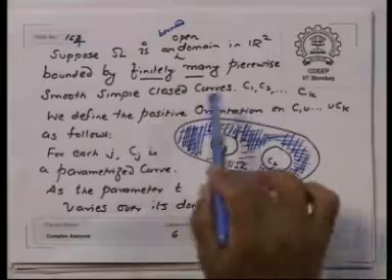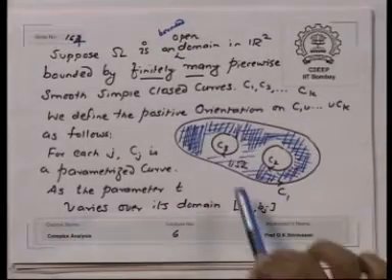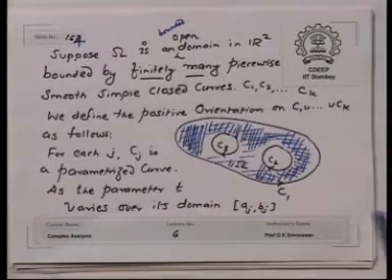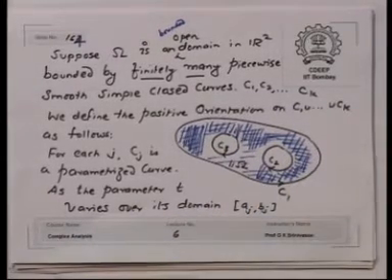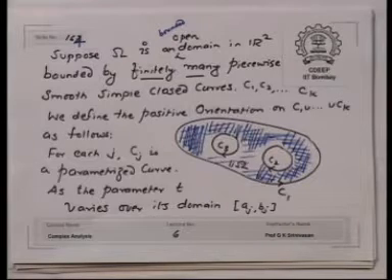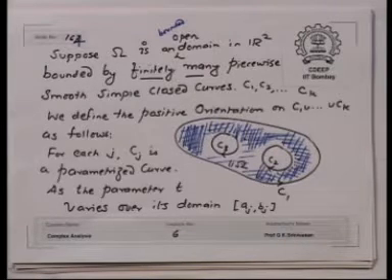Take the jth piece, take C2 for example. C2 will be described in terms of a function gamma 2 from an interval [a2, b2] to R2, right. So, as the time t varies from a2 to b2, you will be tracing out the curve in some direction, either clockwise or counterclockwise, right.